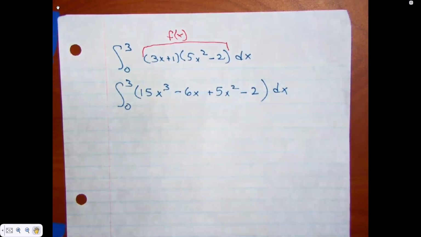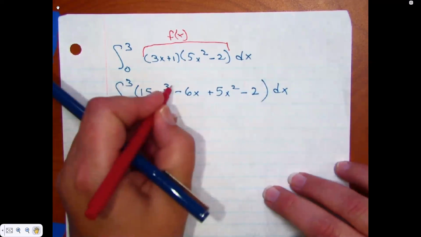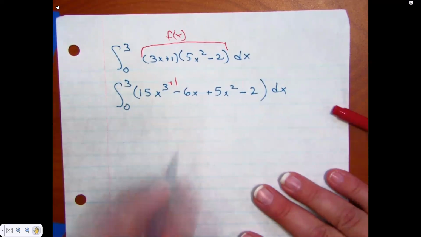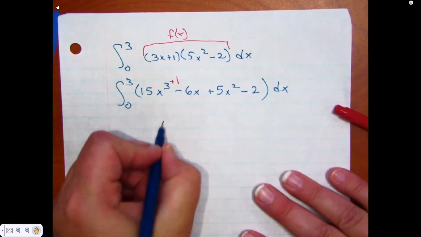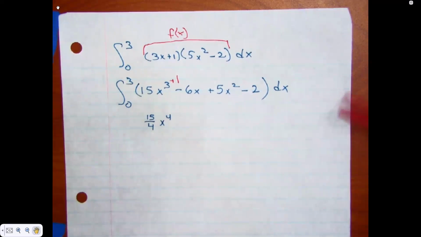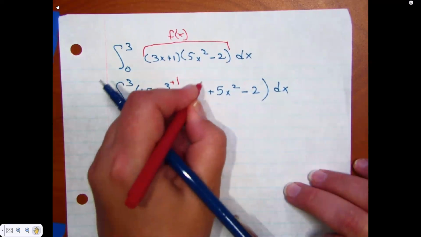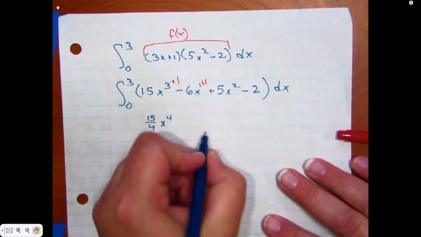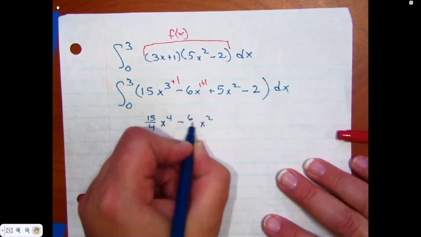It's not pretty because notice when I add 1, I get a 4. And so I'm just going to have to deal with that. Our author kind of likes these crazy ones. So x to the 4th, and then it's going to be 15 over 4. There is a 1 there, so add 1. This one's nice. Add 1 takes us to 2, and then divide by the new.